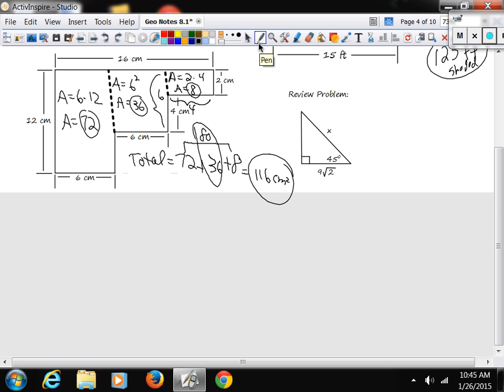Okay, so that's just breaking it into 3 pieces, finding the area of each piece, adding them together.